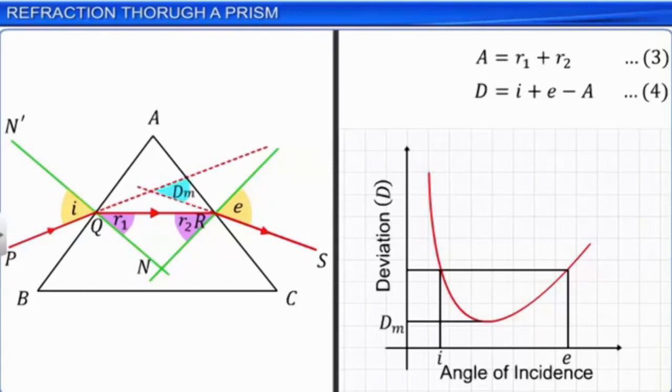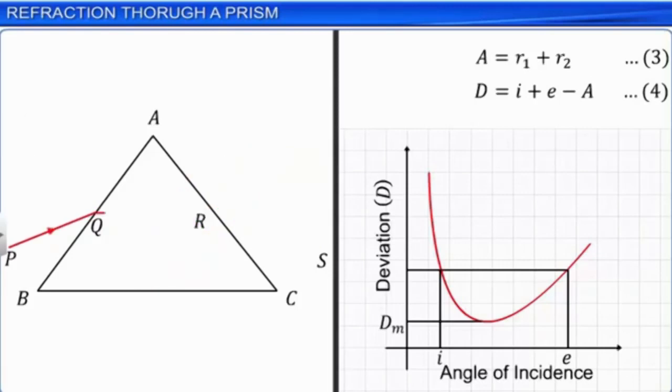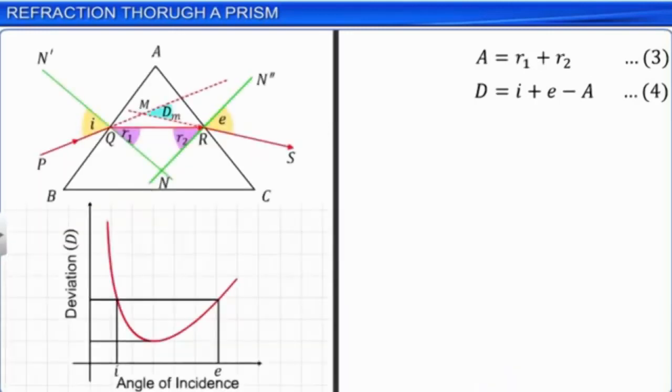In this case, the angle of incidence, I, is equal to the angle of emergence, E. Because of the symmetry, we can also write that R1 is equal to R2 and let them be equal to R. Hence, when the prism is at its minimum deviation, equation 3 can be written as A is equal to 2R, or R is equal to A by 2. Equation 4 can be written as dm is equal to 2I minus A, or I is equal to (A plus dm) by 2.